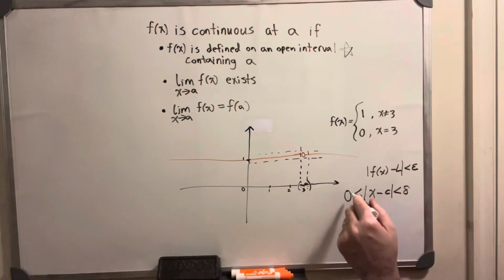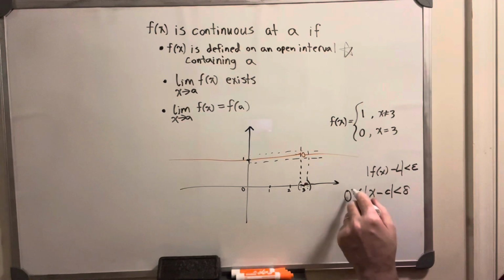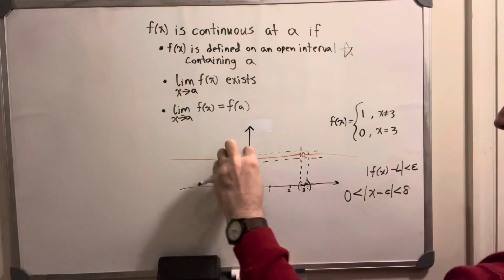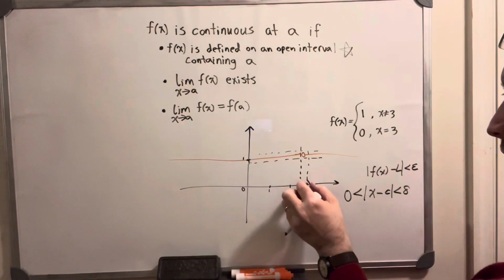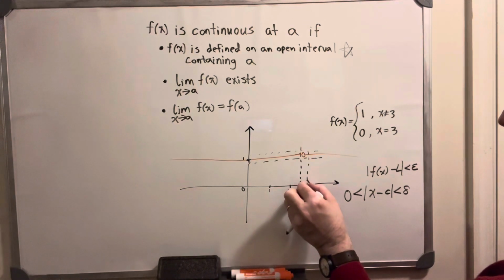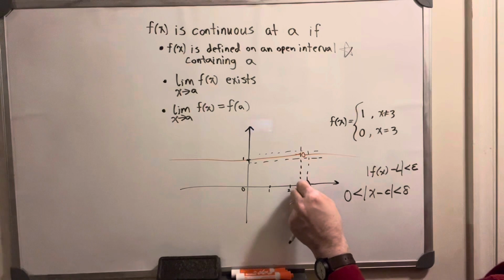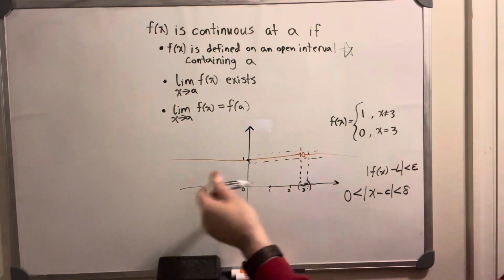If you remember to say except possibly right at a, then yes, the limit exists, because we can make this as small as we want, and there will be an open interval around 3 where if x is in that interval except right at 3, then the value of the function will be in this little region. So yes.